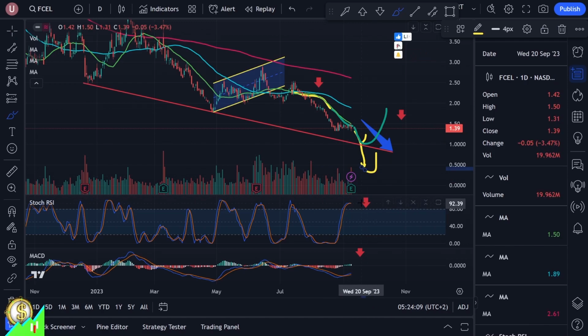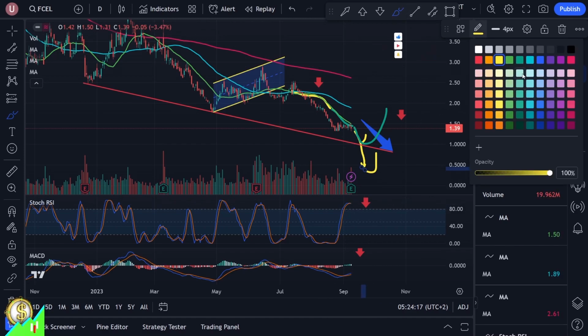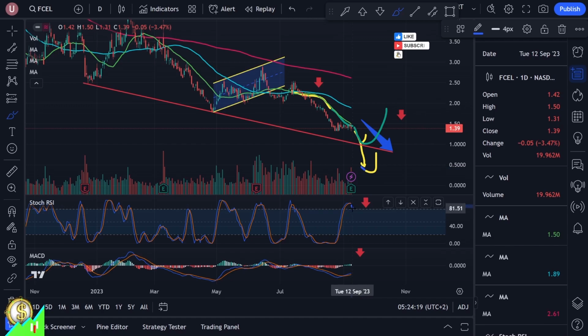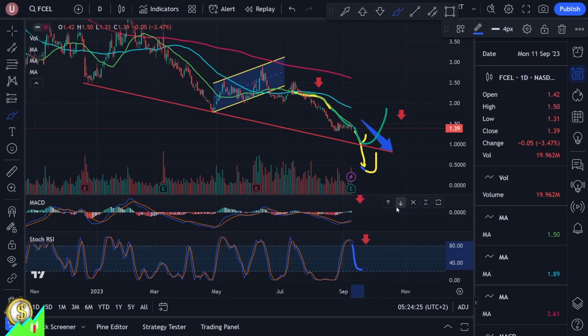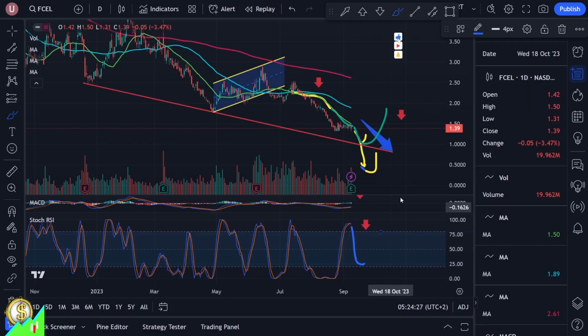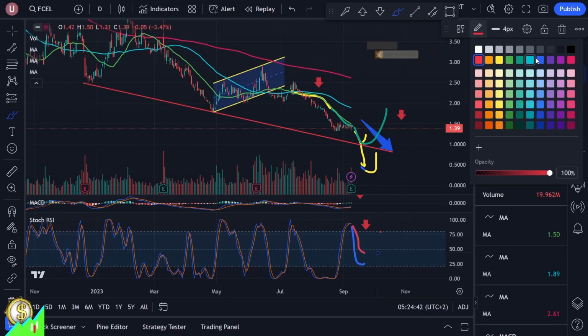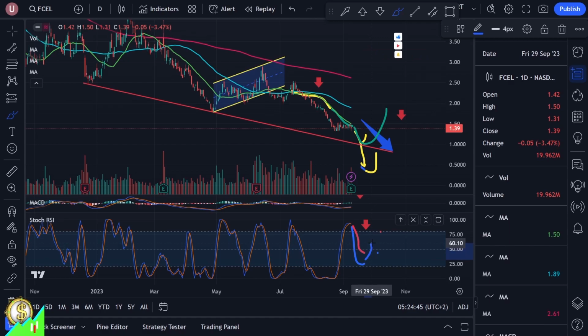And the pattern formation would be linked in this case to stochastic RSI. So what we should observe, the blue line of stochastic RSI, the fast line, should of course descend, and definitely, let's draw it a bit bigger here, definitely the same will be followed by the slower line, the red line, but once this gap between them is relatively big, and the blue line will start a fast upwards move, this will be the momentum.